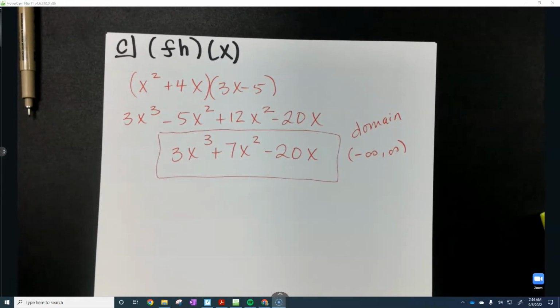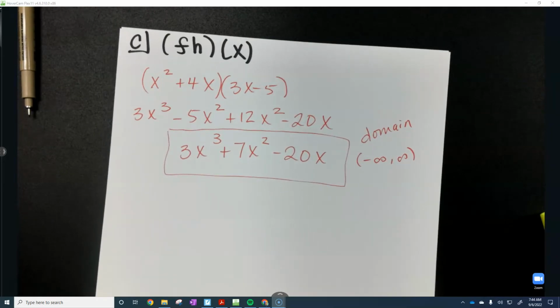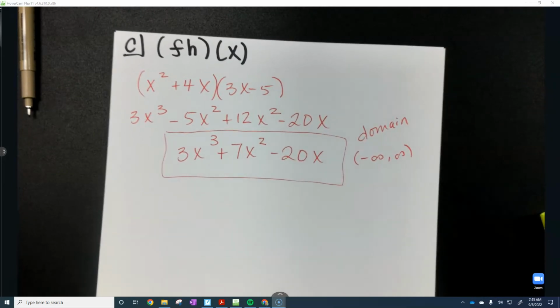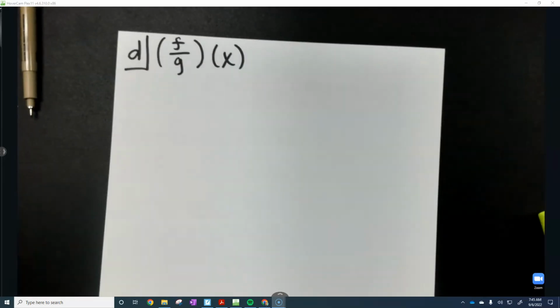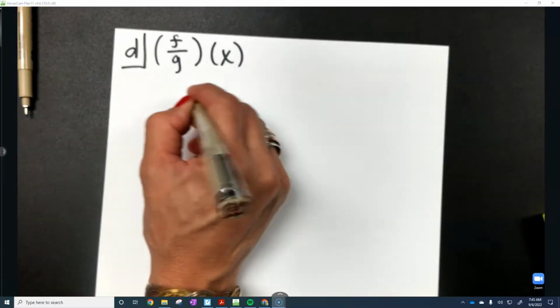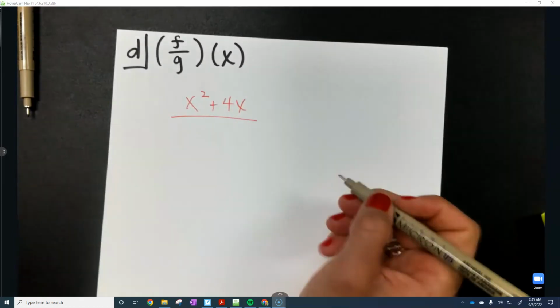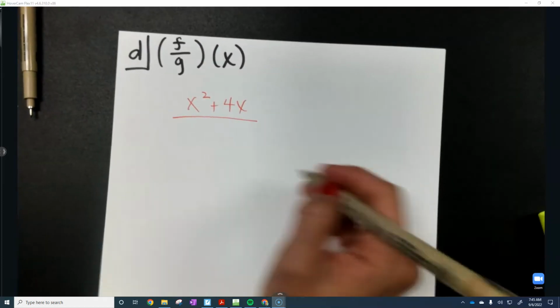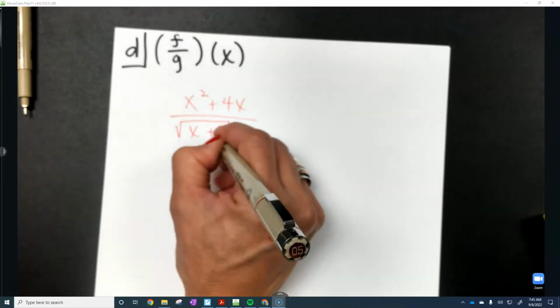All right, guys, we totally need to talk about problem D, because problem D is going to have a square root in the denominator. And we need to remember what happens when we have a square root in the denominator. All right, so we have f divided by g. So remember, f is x squared plus 4x. And then g is your root, which is the square root of x plus 2.